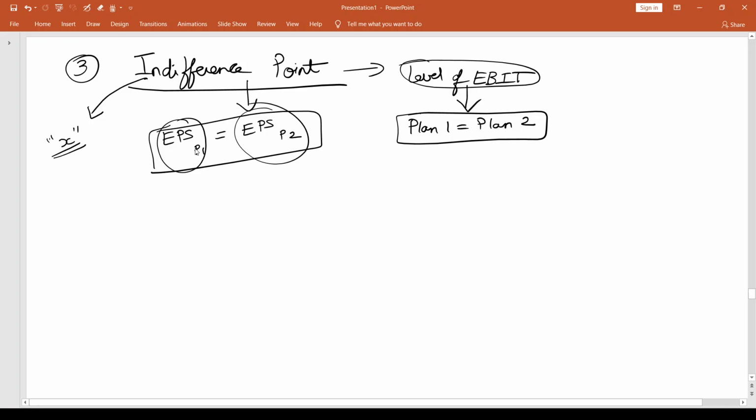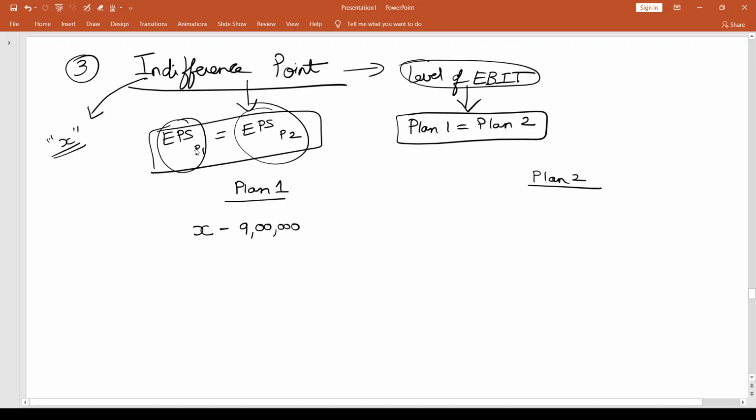Let's say I'm talking about plan 1 here and plan 2 here. X is my EBIT. I start with X for plan 1. From this, I subtract 9 lakhs, which is interest.